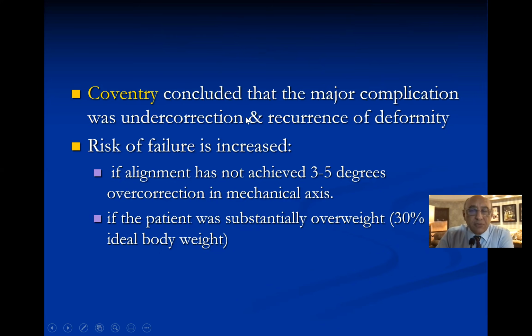Coventry concluded that the major complication was undercorrection and the recurrence of deformity with undercorrection. The risk of failure increased if alignment did not achieve 5 degrees of overcorrection in the mechanical axis, and or if the patient was substantially overweight, that is 30% or more of the ideal body weight.